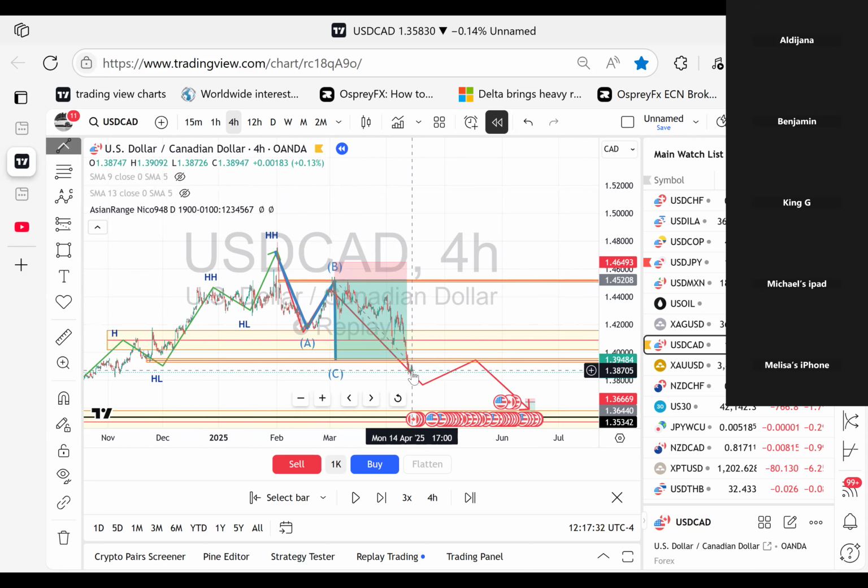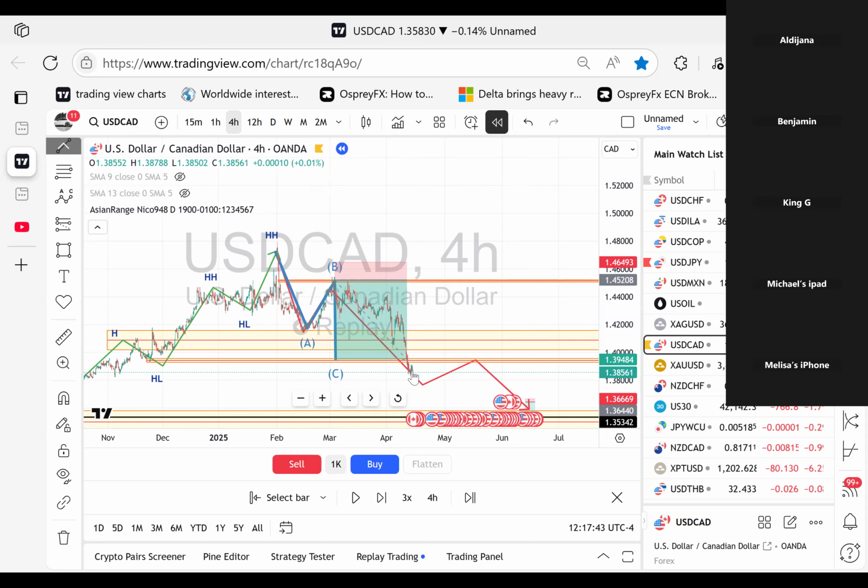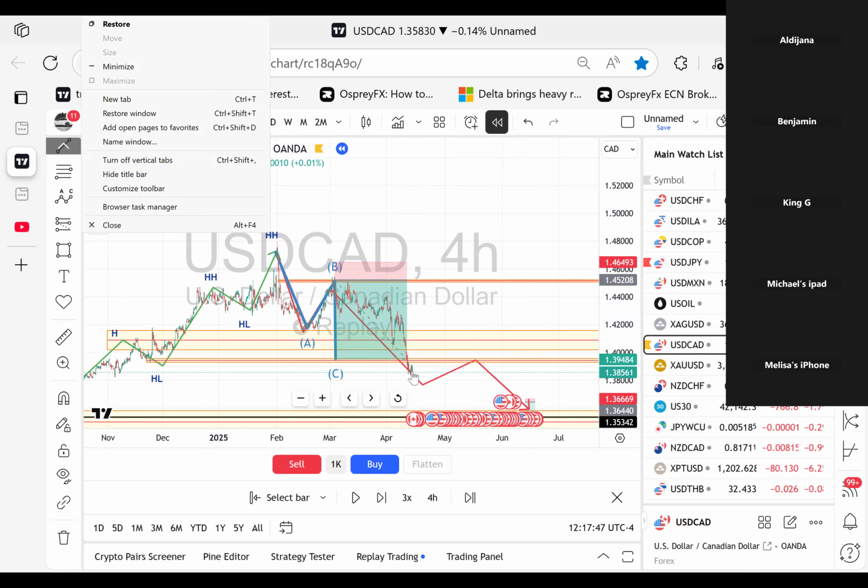Now, as far as order blocks, supply and demand, all those are cute names, and they all say the same thing. All we're trying to do is find out where price is coming from and where price is going.